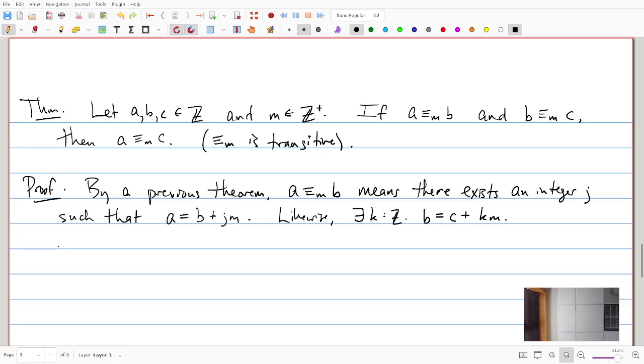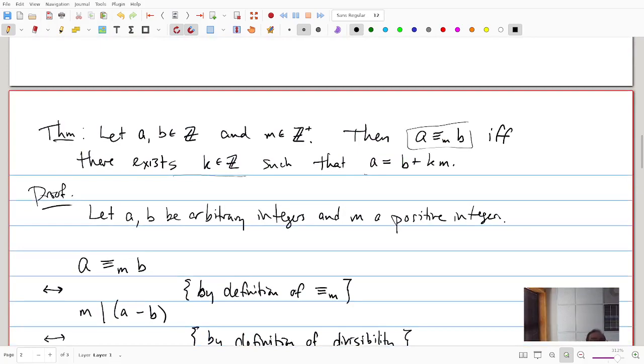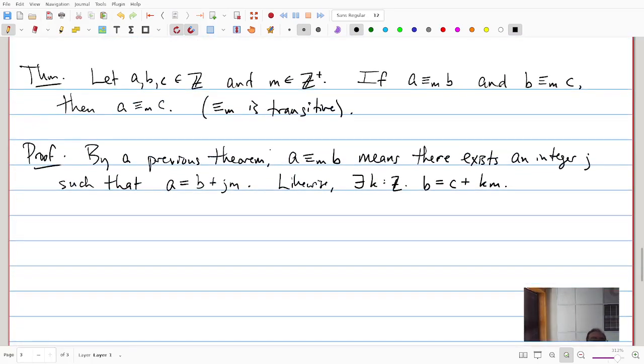Maybe I should have numbered them so I can refer to it. I'll call it theorem A. The previous theorem A. A is equal to B plus Jm, which is equal to, well, we know also that B is equal to this, so I can substitute for B, C plus Km plus Jm.